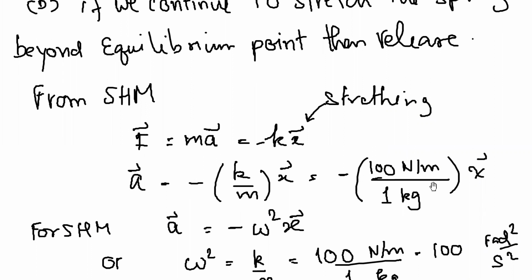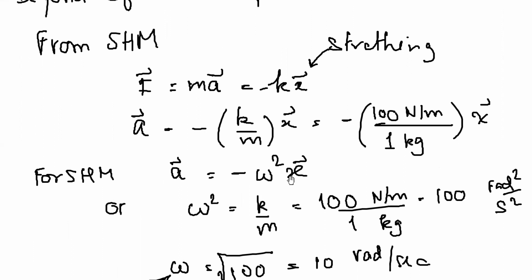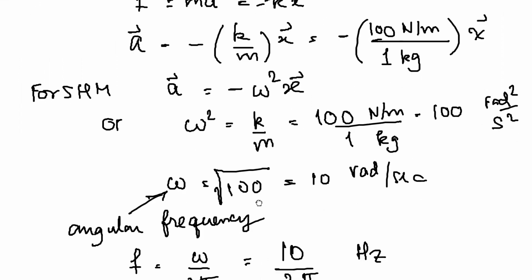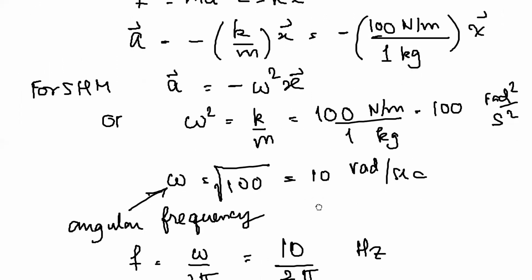And k is 100 newtons per meter divided by 1 kilogram. So you get a is minus 100x, or omega squared is 100. Omega squared is k over m, so 100 newtons per meter divided by 1 kilogram, and that is 100 radians squared per second squared. Take a square root, and the angular frequency is 10 radians per second.